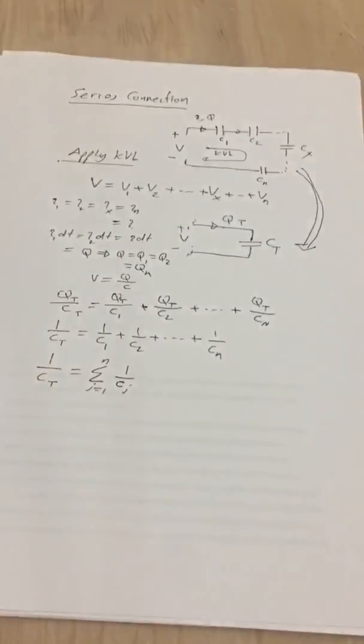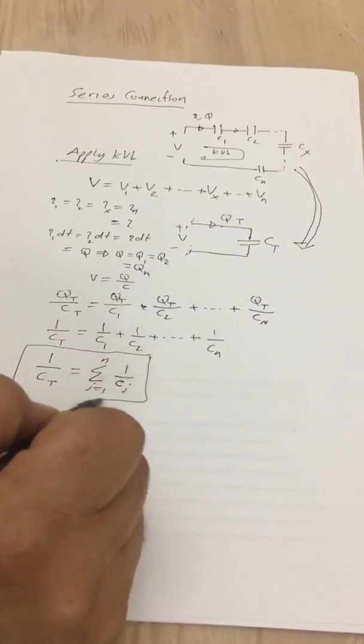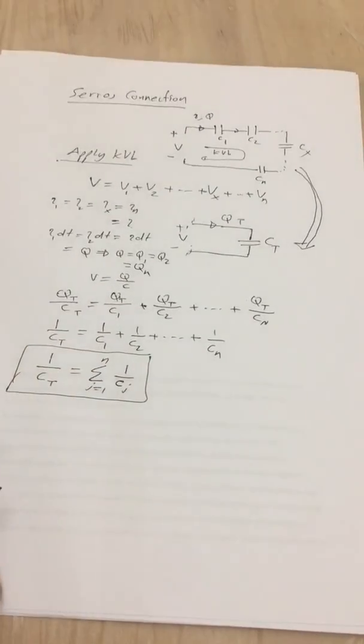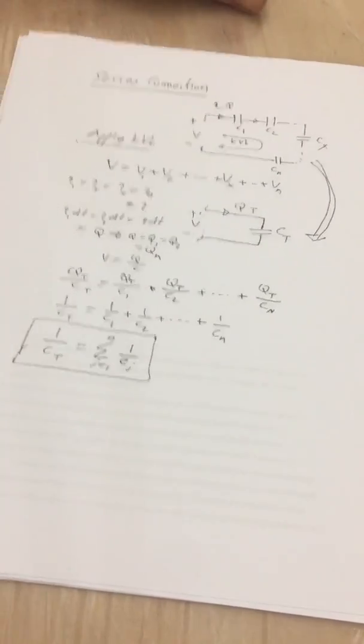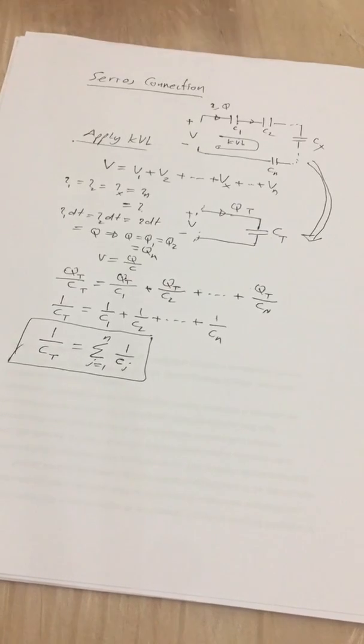Okay, so this is the basic law of capacitors connected in series. So once we know the voltage, we can calculate the charge, or if we know the charge, we can calculate the voltage distribution among the capacitors.